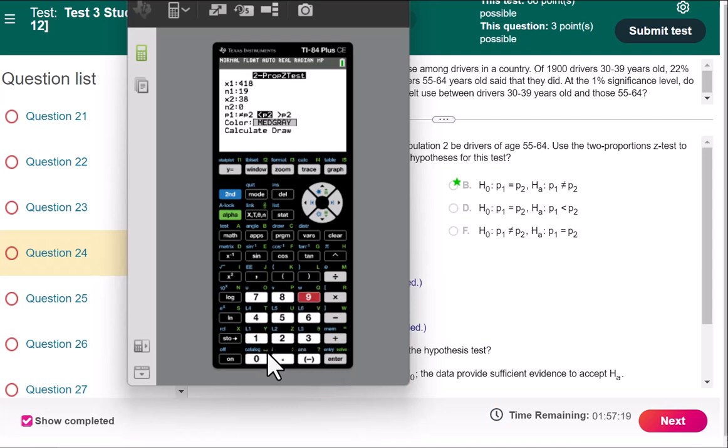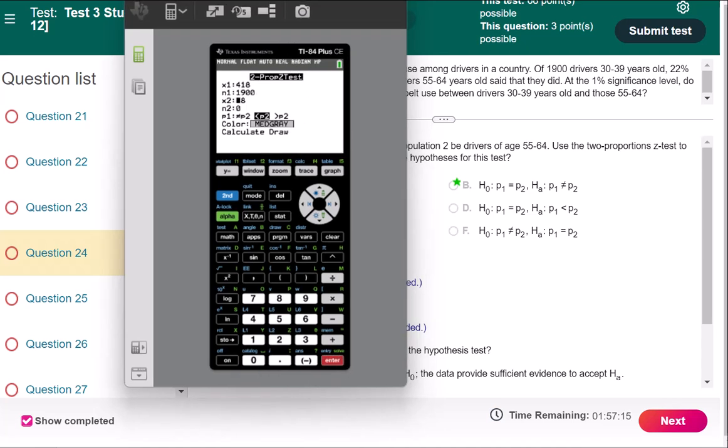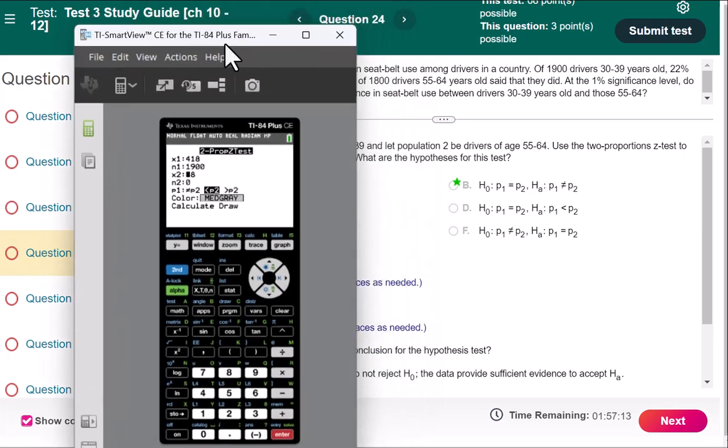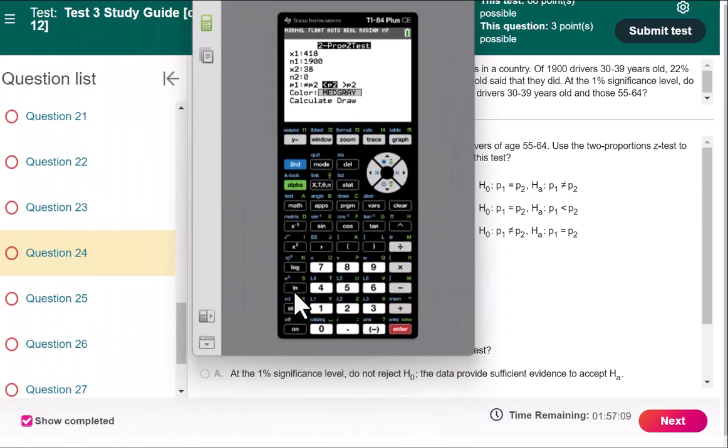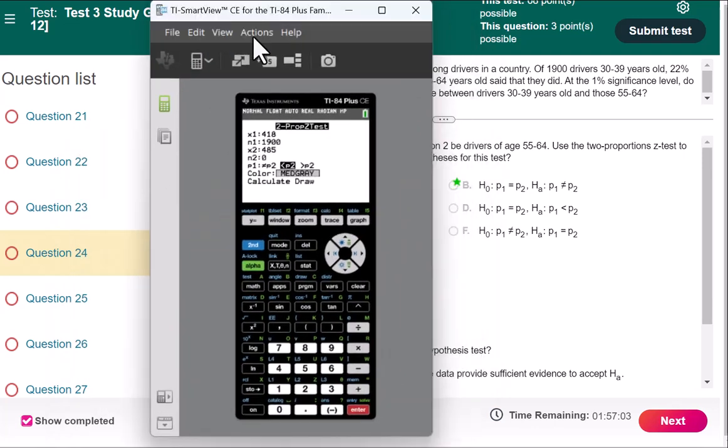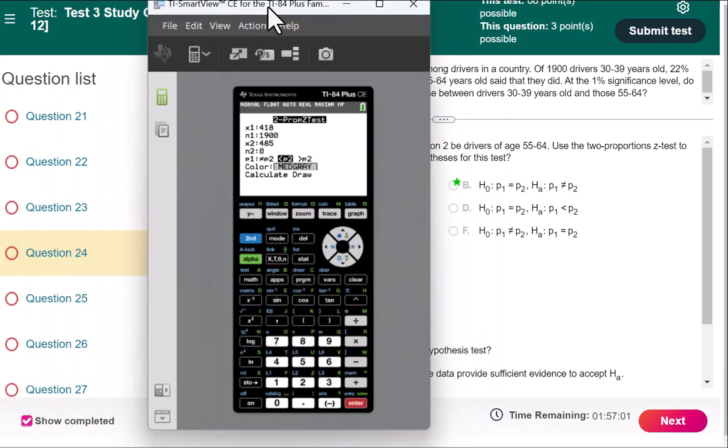And that's 1,900. For the second group, age 55 to 64, he says 485 of 1,800. So he gives me X, 485. 485 of 1,800. We need to check that P1 is not equal to P2.